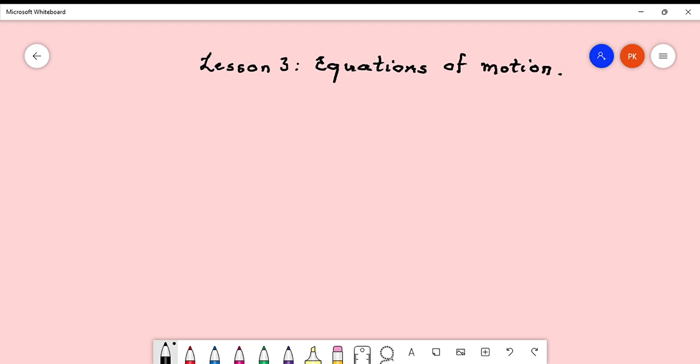Hello children, last time we have studied the equations of motion. One of them was V is equal to U plus AT, which gives the final velocity in terms of the initial velocity, acceleration and time.